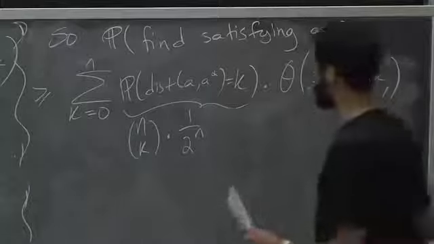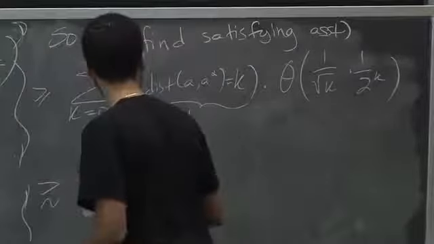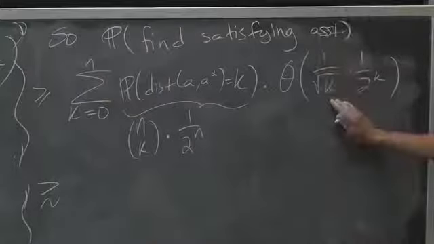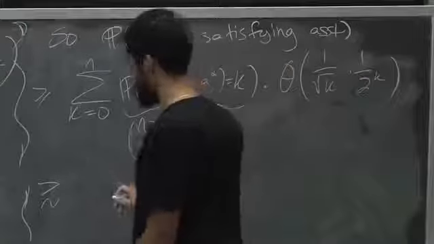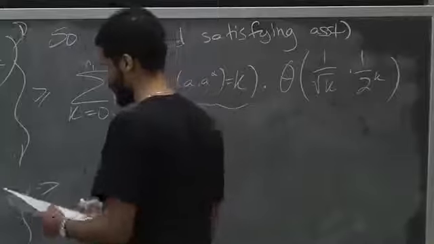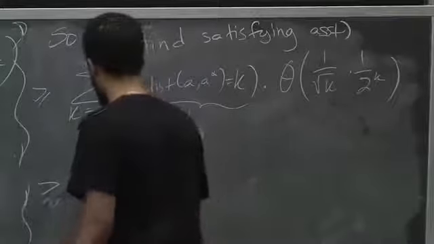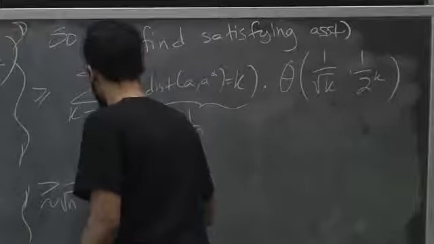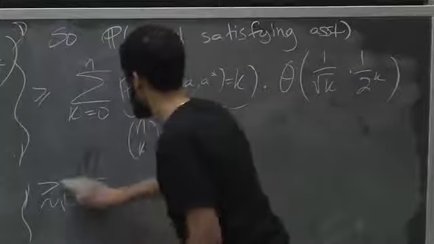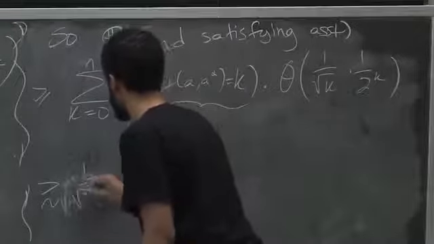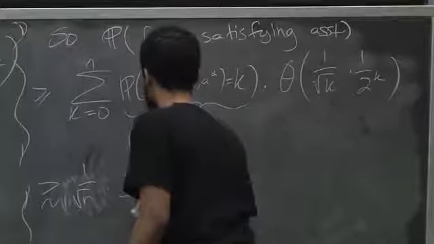So this thing is at least, up to a constant, 1 over root k, which is definitely at least 1 over root n. Let me just put 1 over root n times a sum over k.